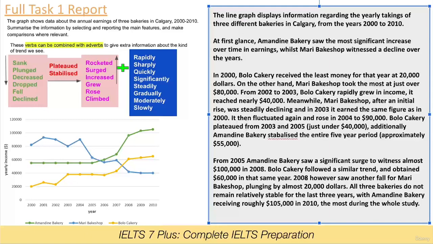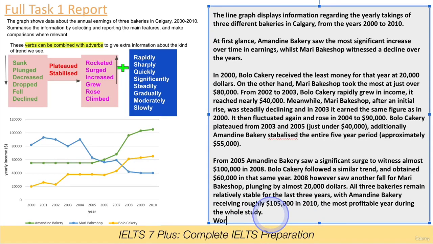All three bakeries remain relatively stable for the last 3 years, with Amandine Bakery receiving roughly 105,000 in 2010. Just checking that figure here. Yeah, I think so. The most profitable during the whole study.